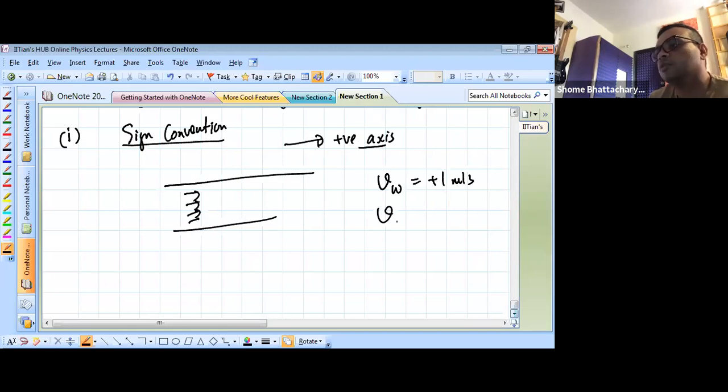Velocity of the boat with respect to water. Now the boat is moving like this. So that is equal to plus 5 meters per second. Therefore, velocity of the motorboat as seen in the ground frame will become this plus this. So it will become 6 meters per second.